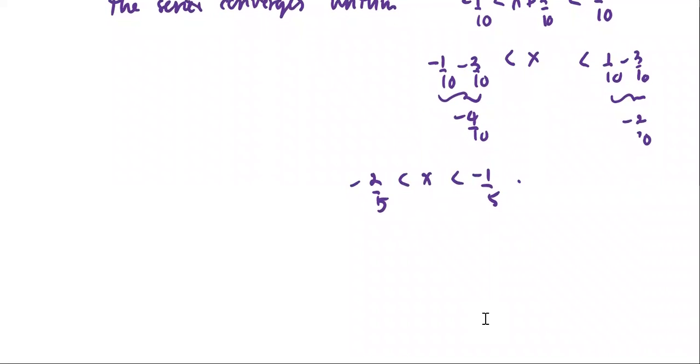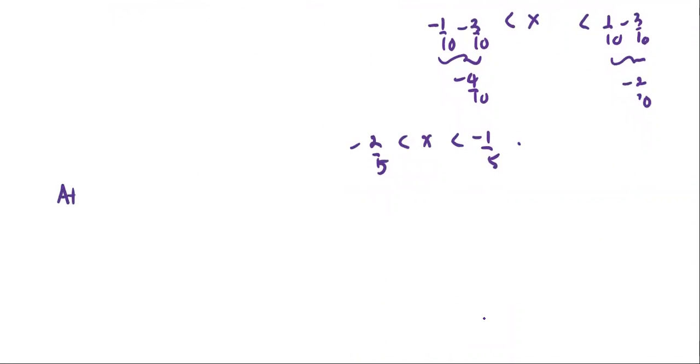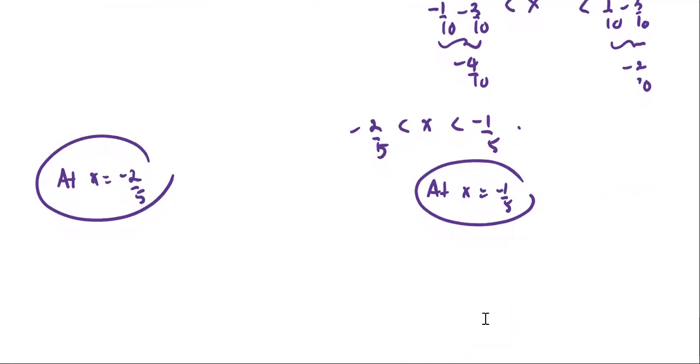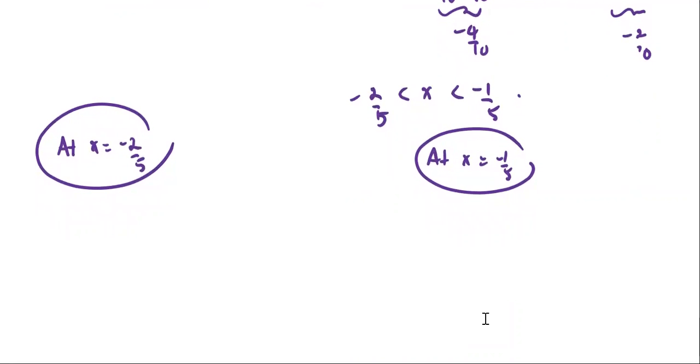Now we're going to check the two endpoints, at x equals negative 2 over 5 and at x equals negative 1 over 5. For x equals negative 2 over 5, the series becomes the summation of negative 1 to the power k multiplied by 10 times negative 2 over 5 plus 3 to the power k.